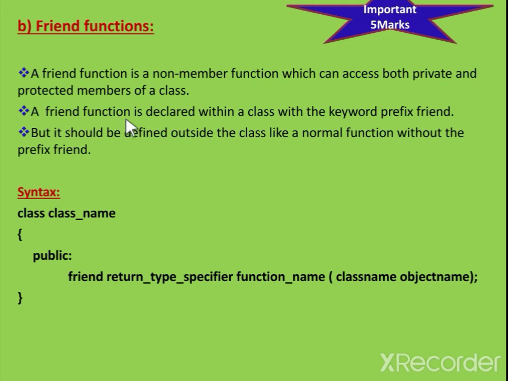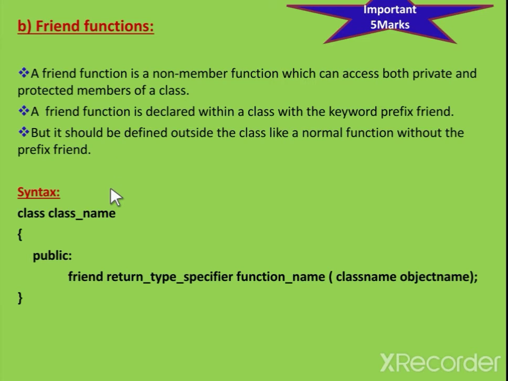And a friend function is declared within a class with the keyword prefix friend. But it should be defined outside the class like a normal function without the prefix friend. When it is defined outside the class, the keyword friend is not used, right?